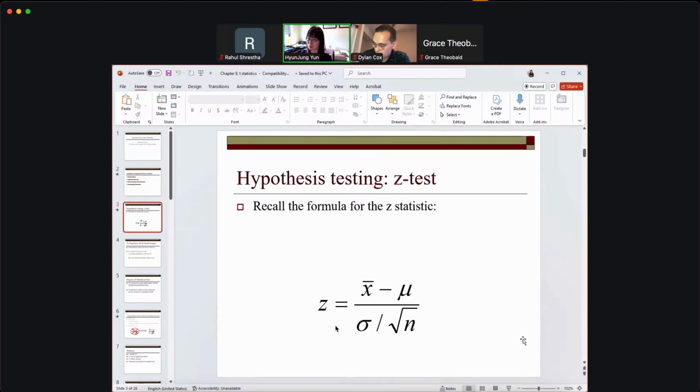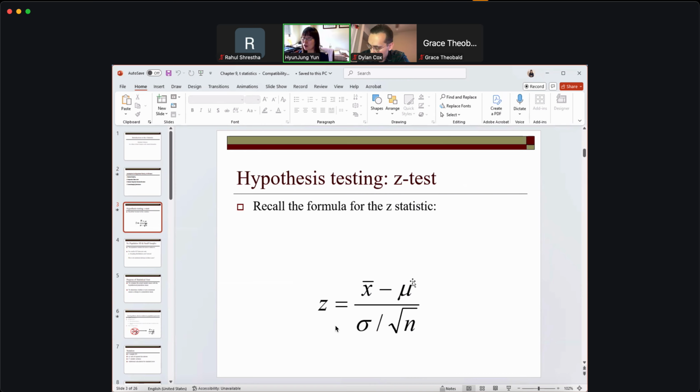But here is the thing. When we do a Z test, first of all, of course you have a sample, so maybe you can get a sample mean or proportion, whatever statistic you want to use. A sample mean is a tangible number you can get.